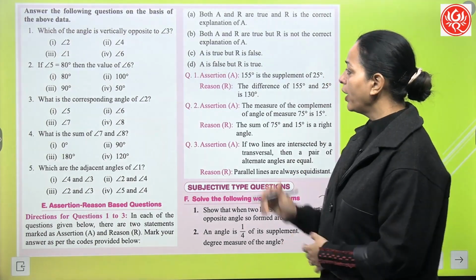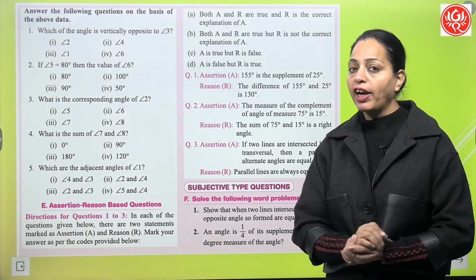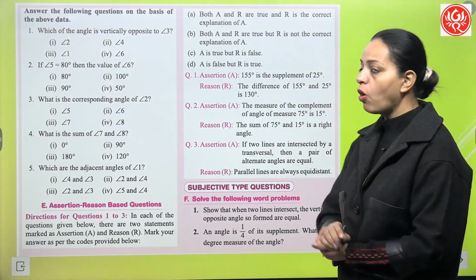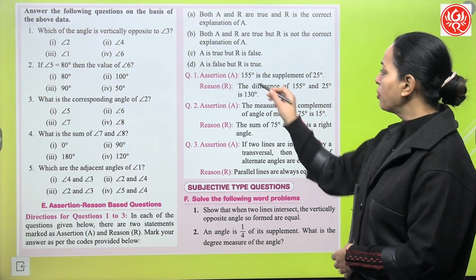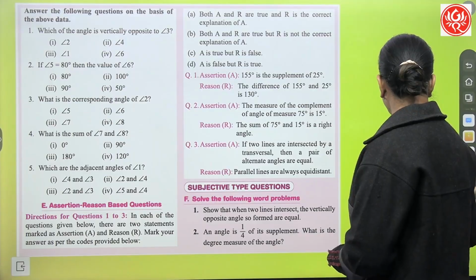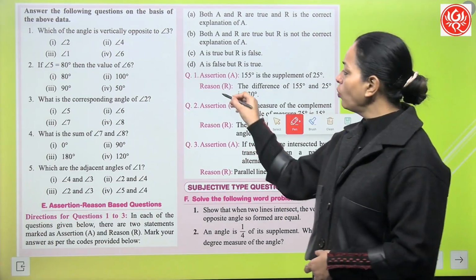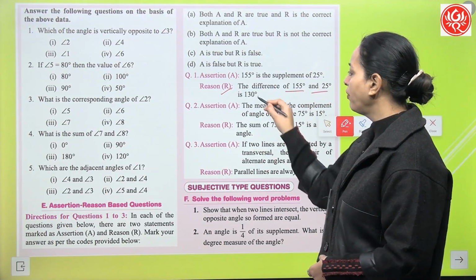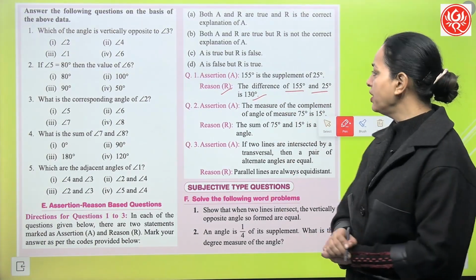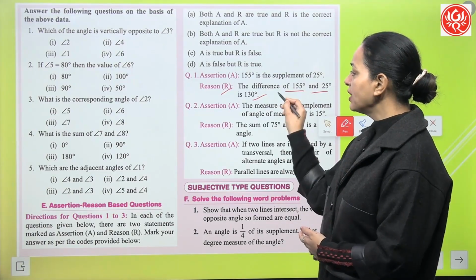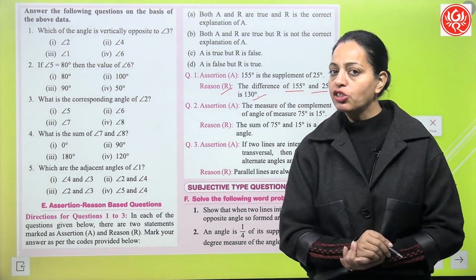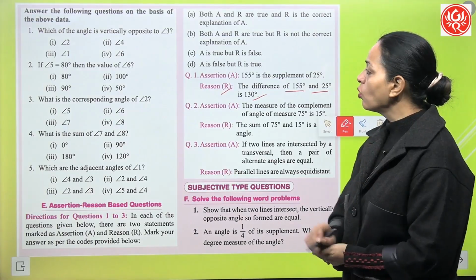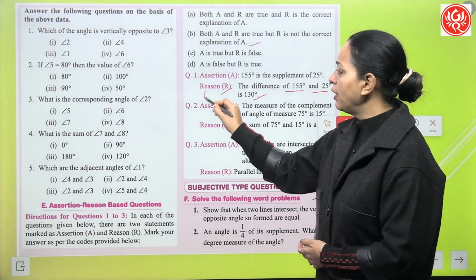So question number 1, assertion A, 155 degrees is the supplement of 25 degrees. Yes, because their sum is 180 degrees. Now reason R, the difference of 155 and 25 is 130 degrees. This is also right, but this is not the correct explanation of A. So the answer is B. Okay.